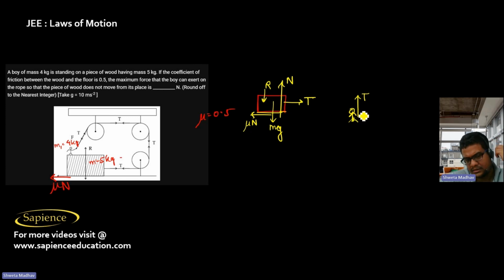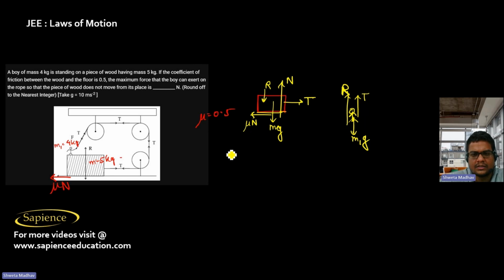Tension force is acting, and his weight m1 g is there, and the normal reaction R is there. In between his feet and the wood there is no friction, since it has not been told, so we assume there is no friction.